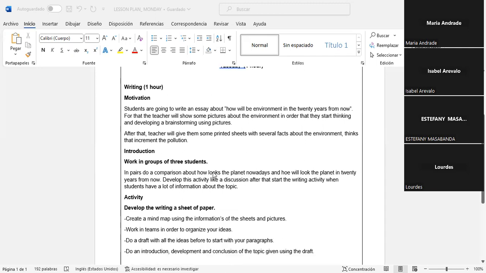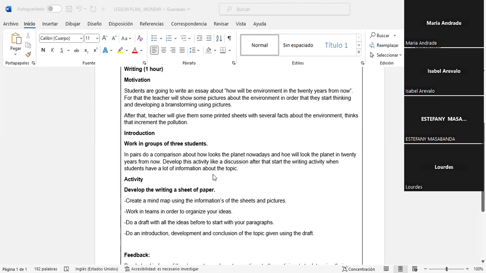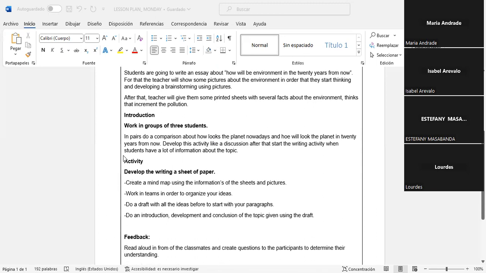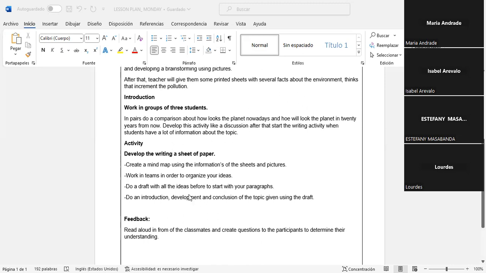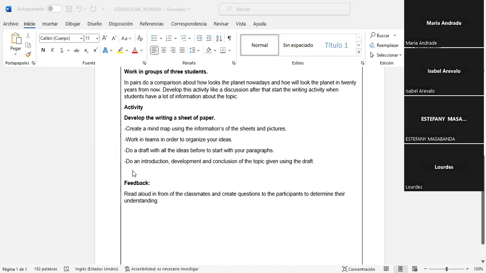Motivation. Okay, and remember to describe, for example, the teacher will do this, will do that, a student will do this, will do that, like your classmate has done. But it's okay, it's good.